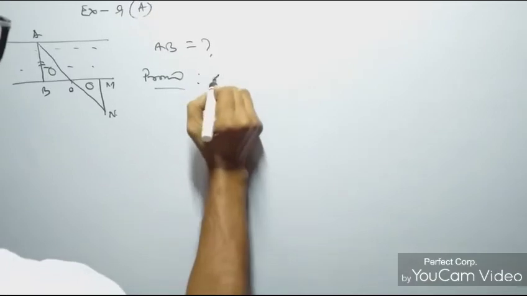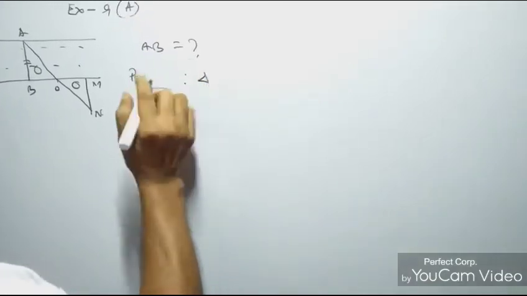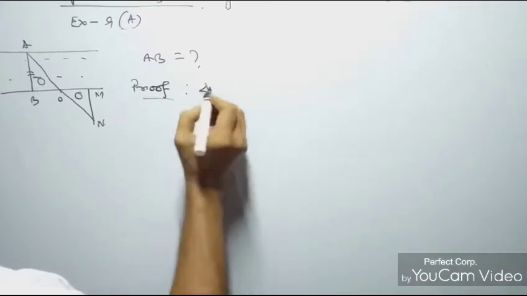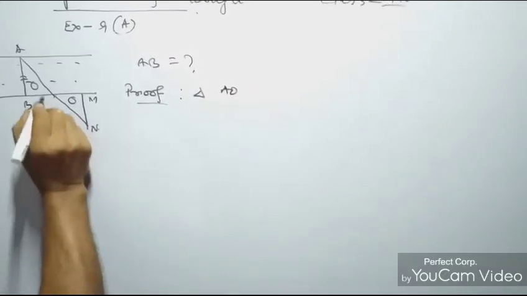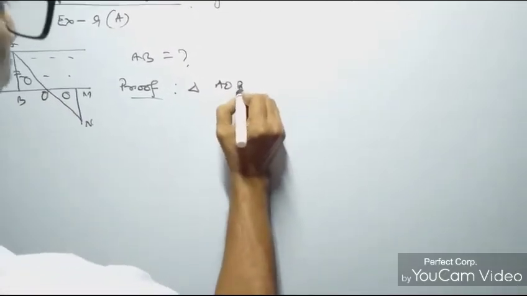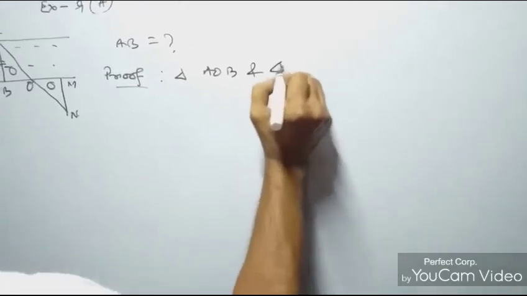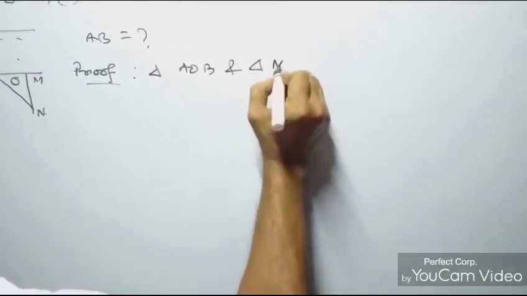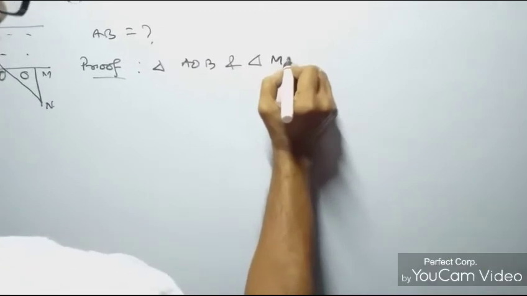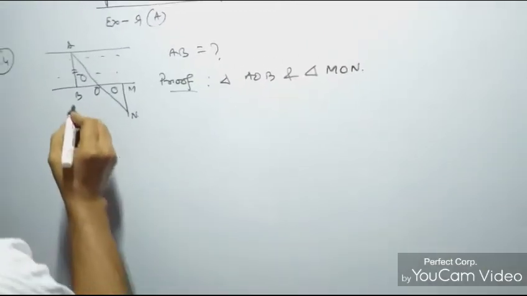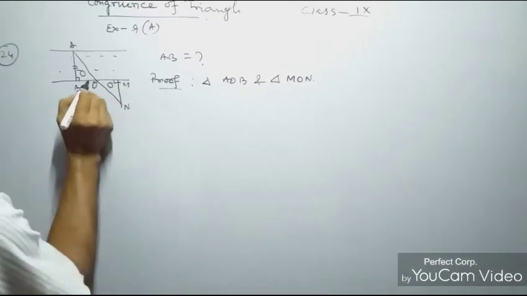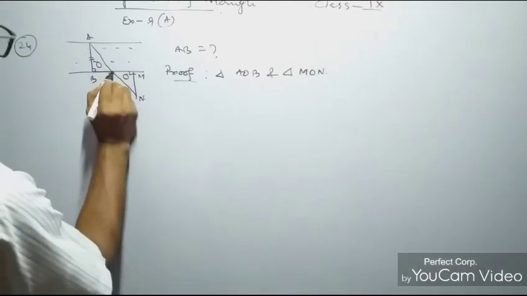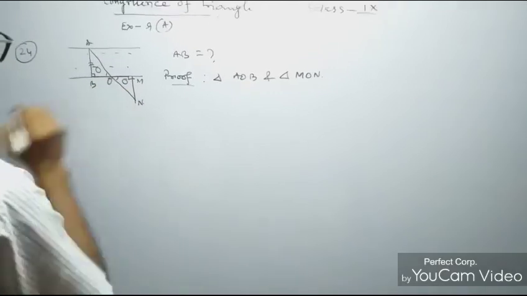See, in triangle AOB and triangle MON, what is actually equal? This angle is 90 degrees. This is the midpoint, and this is the opposite angle.